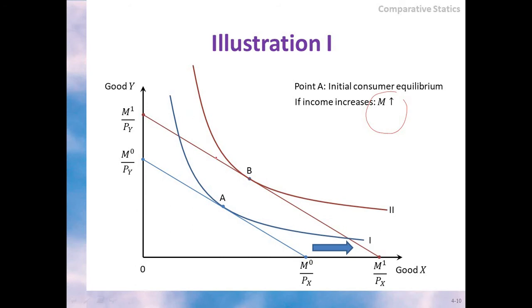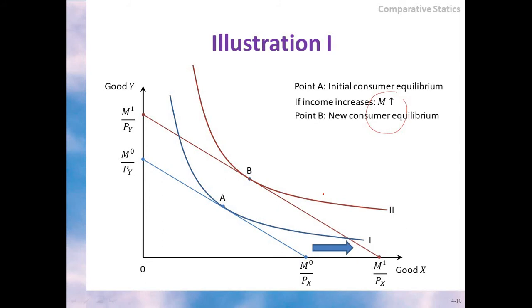When the budget line shifts to the right, our affordability increases, so we can have a different combination of good Y and good X, because we have more money. So we can purchase, of course, more of the goods.